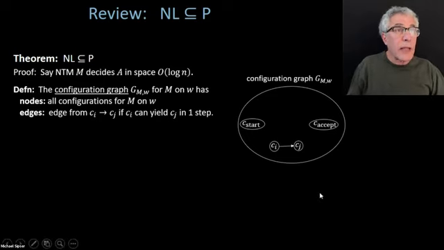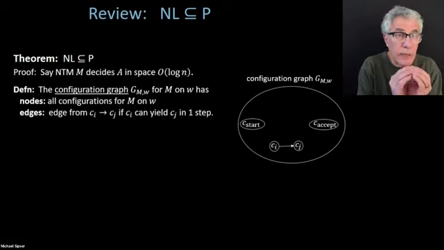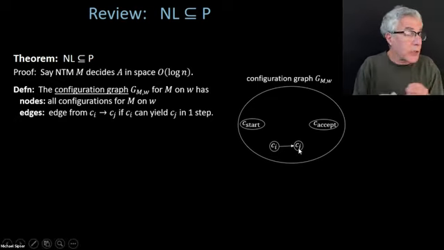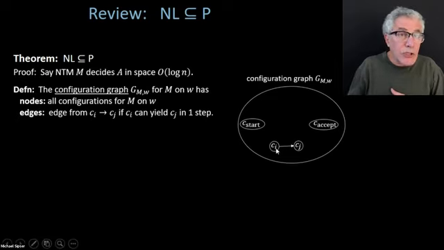So a configuration graph for a machine on an input is just the set of all possible different configurations the machine can have, with edges connecting configurations that correspond to legal moves of the machine. So here is some configuration. This is a snapshot of the machine at a moment in time. Here is some other configuration, another snapshot, and you're going to draw an edge between Ci and Cj if Cj could follow in one step from Ci.